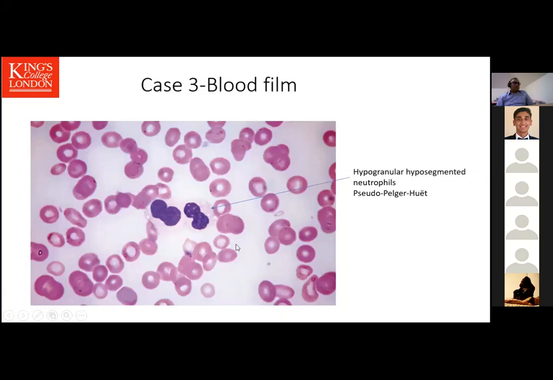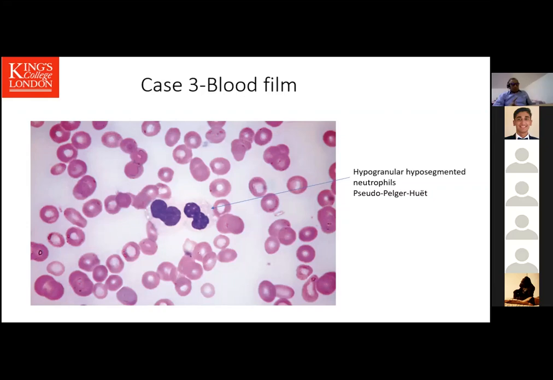And neutrophils generally are multilobed or multi-segmented cells, and this one is only showing 2 segments. So it is a hypogranular, hyposegmented neutrophil, also called pseudo-Pelger-Huët abnormality. Pelger-Huët abnormality is a congenital condition, but this is pseudo-Pelger-Huët. That means it's not congenital, it is an acquired condition. That's the reason it's called pseudo.